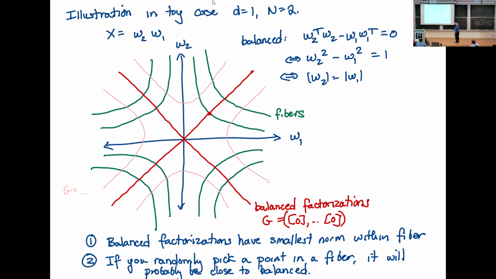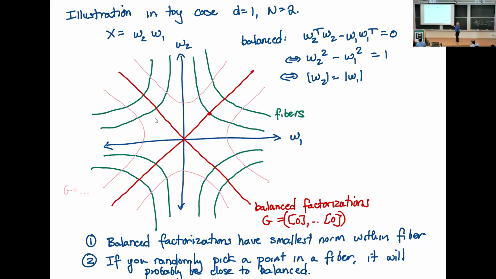The other G's would be these pink surfaces that intersect the fibers orthogonally. The matrix case is basically just this picture, but instead of numbers, they're matrices.